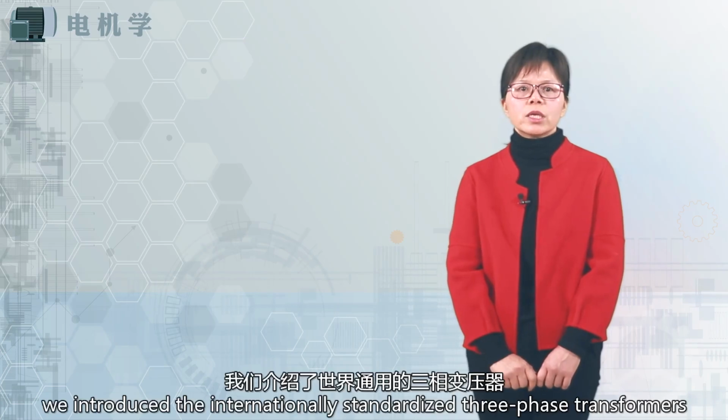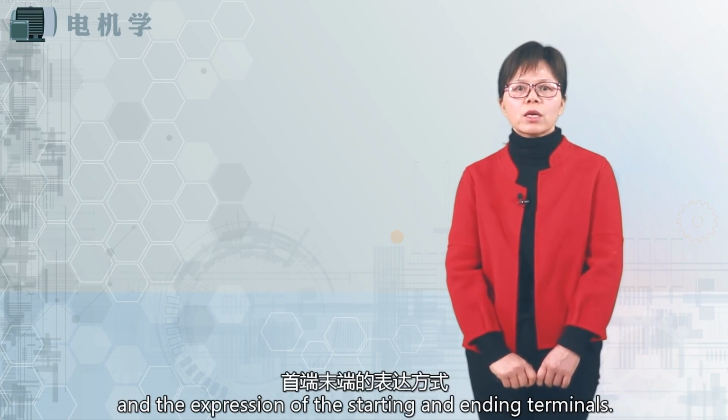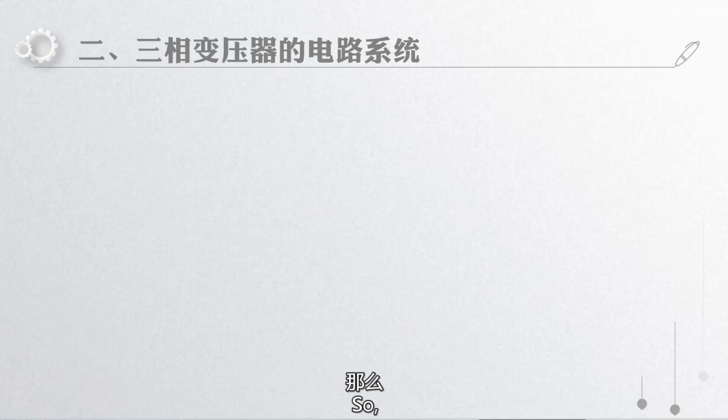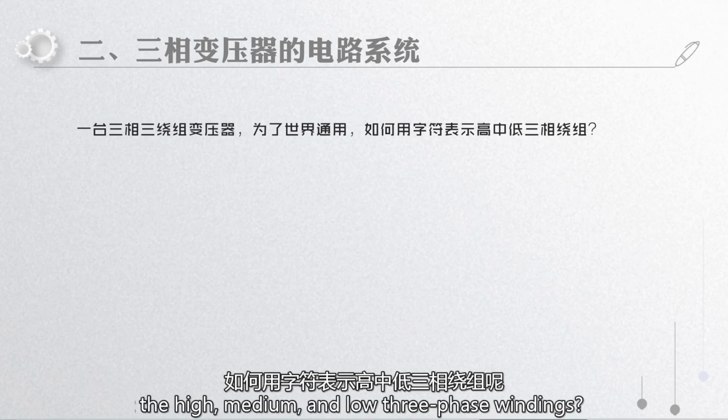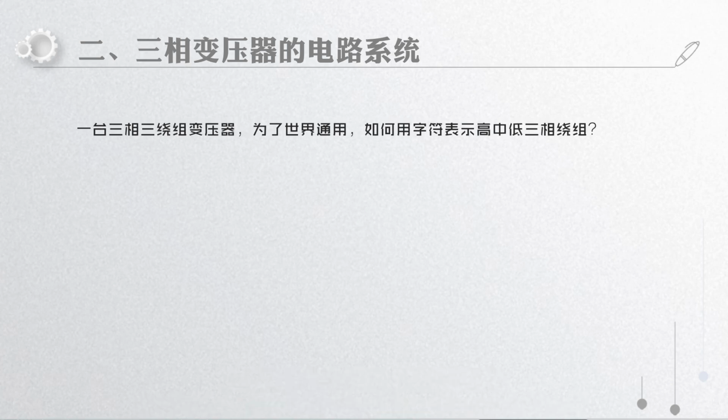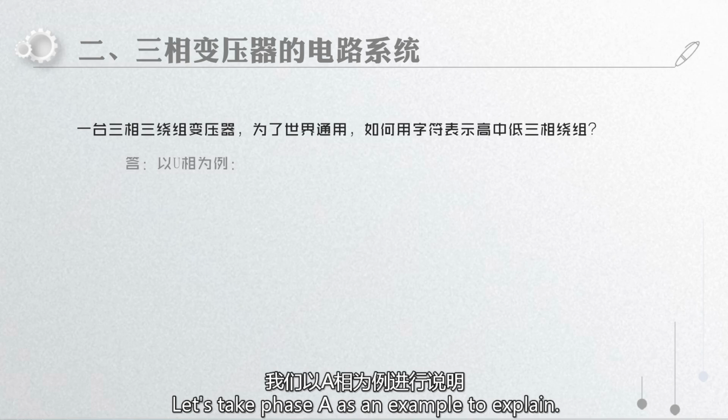Earlier, we introduced the international standardized three-phase transformers and the expression of the starting and ending terminals. So, how do we use characters to represent the high, medium, and low three-phase windings? Let's take the U phase as an example to explain.